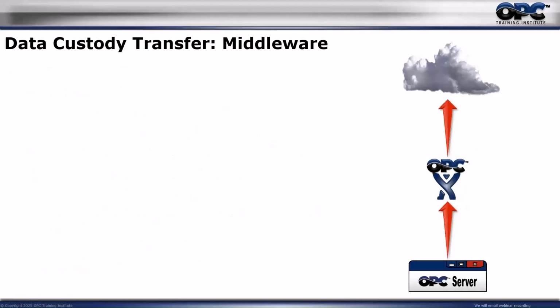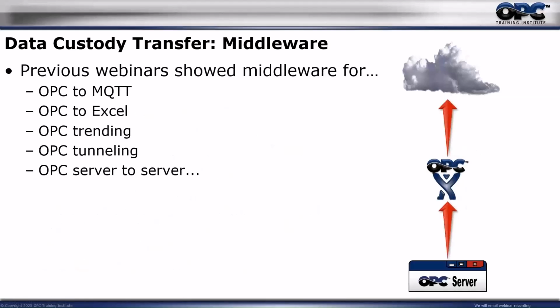So we use OPC Expert as the middleware in this case. Now, we talked in previous webinars about taking OPC data and sending it to MQTT, or taking OPC data and sending it to Excel, or trending with this, or doing tunneling, or server-to-server communication, OPC bridging. We've seen that before.